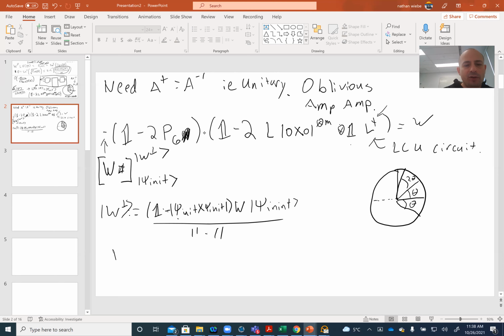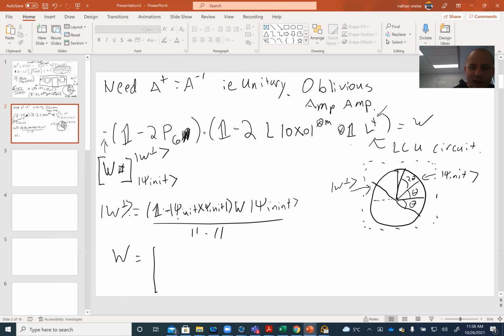The thing that we ultimately end up caring about is the form of the matrix confined inside this 2-dimensional subspace that I've drawn here, where this vector over here is psi init, and geometrically, this vector over here is W perpendicular.